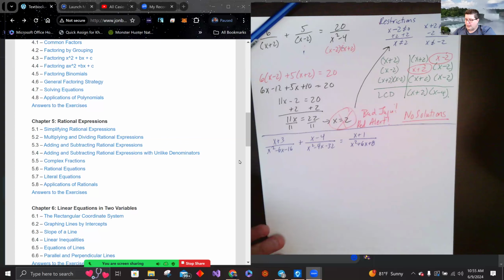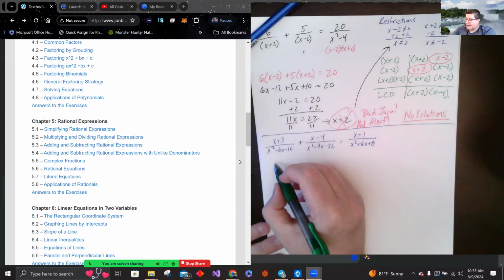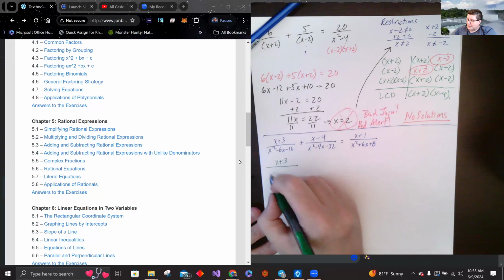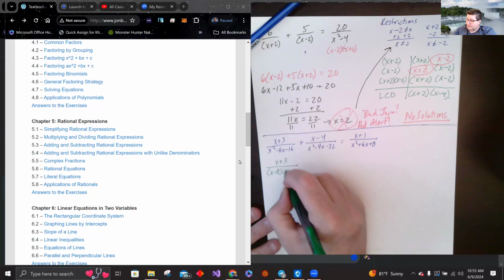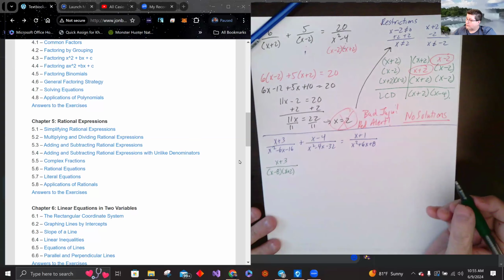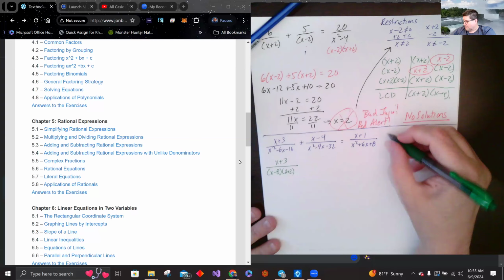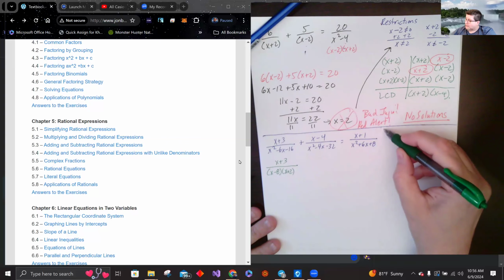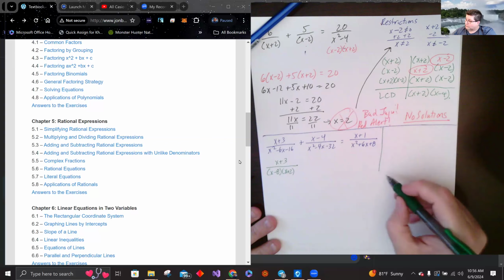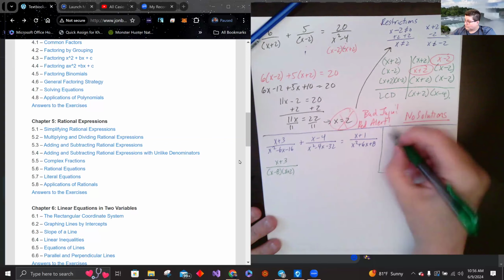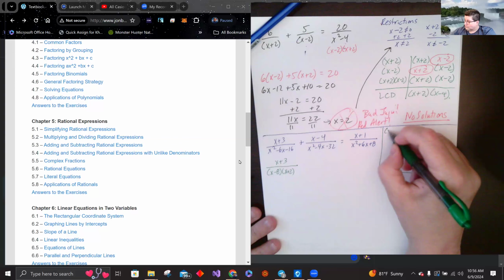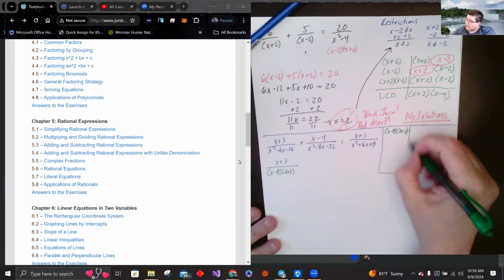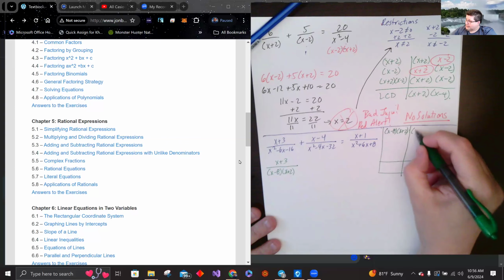So I'll assume you did. I'm going to rewrite these with factored denominators so I can see what it looks like. This is x minus 8, x plus 2. So I'll start making my table here. So that's x minus 8, x plus 2.